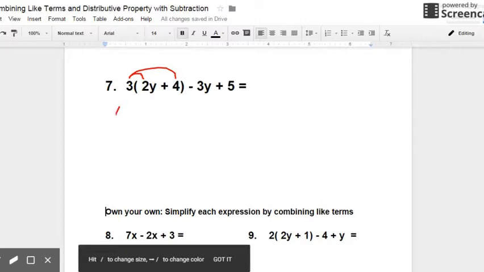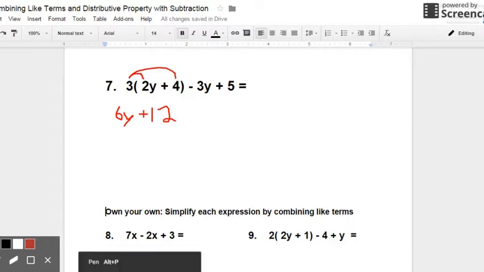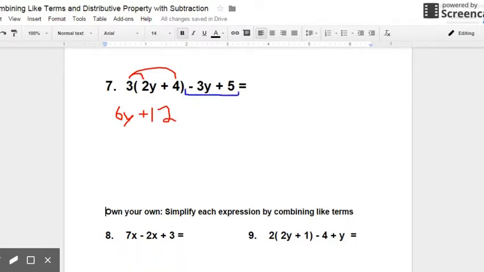I should get 6y. There's a plus sign in the middle, so bring down the plus sign. And then I should get 12. I didn't touch any of this outside the parentheses, the subtraction sign included, so they have to come straight down. Minus 3y plus 5.